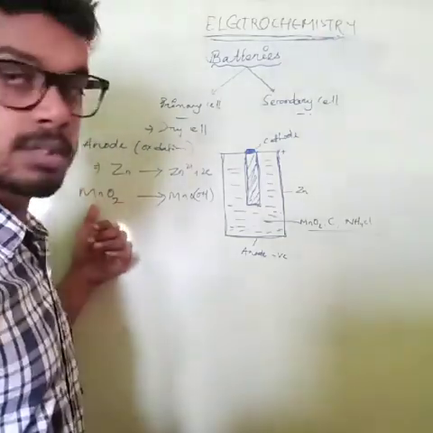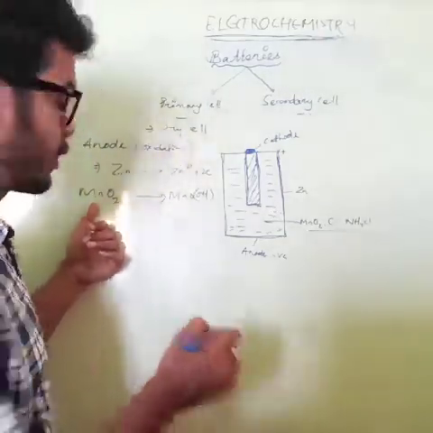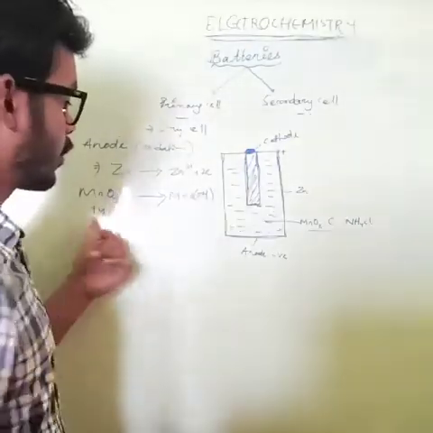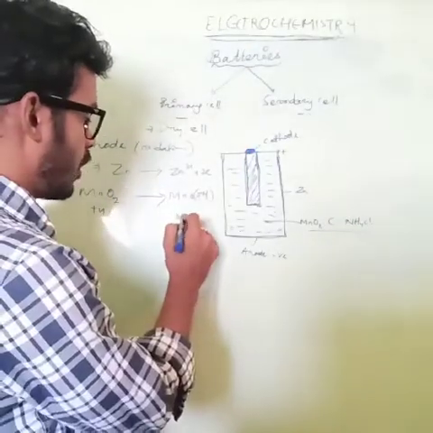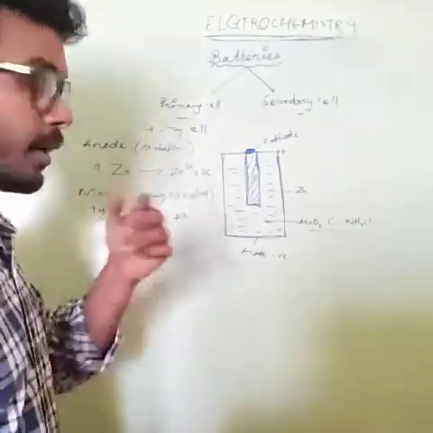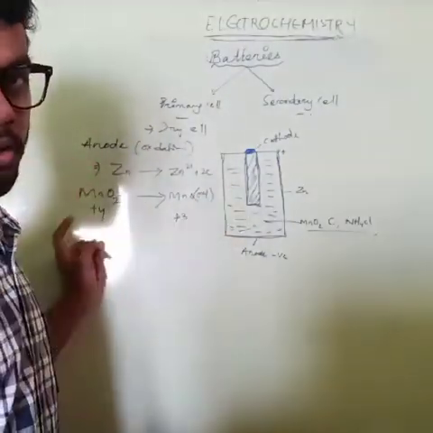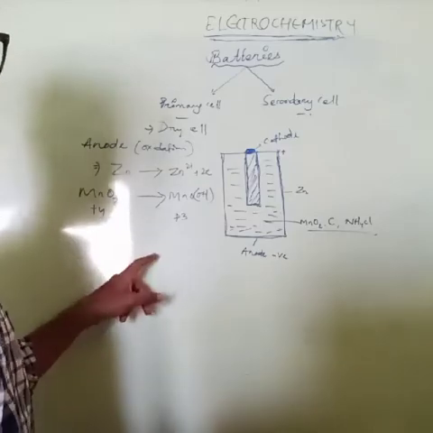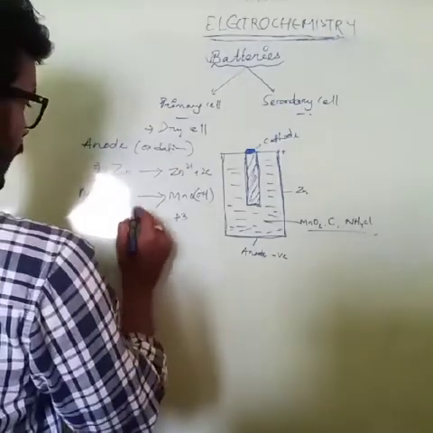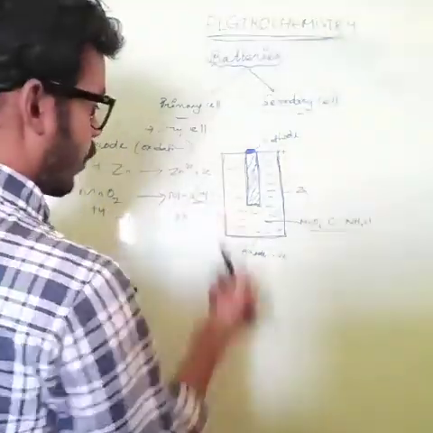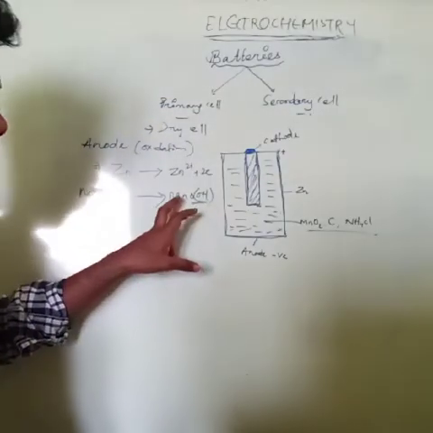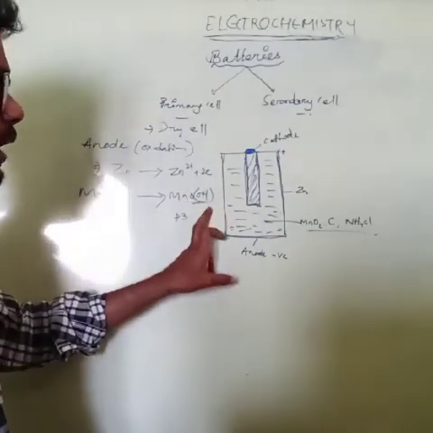Obviously, the oxidation state of Mn is +4 here. It will go to +3. How? By accepting electrons, right? And again, how will it form manganese oxide hydroxide?